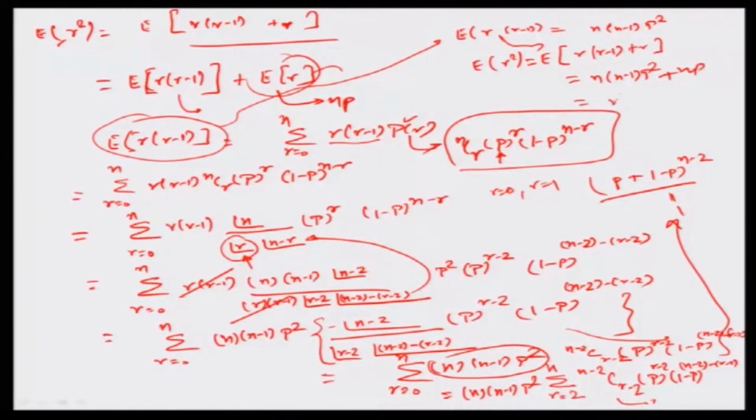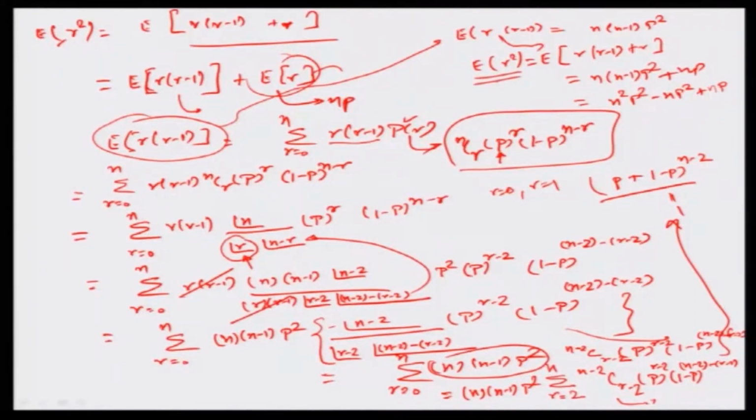So, if I further calculate this, this becomes n square p square minus n p square plus n p, and that is what the expectation of r square is.